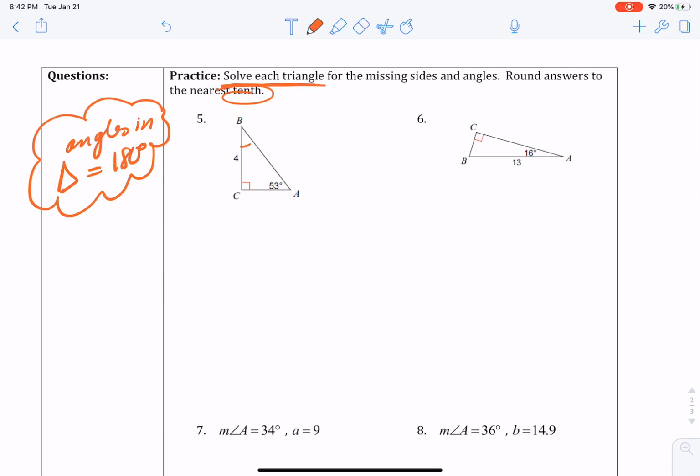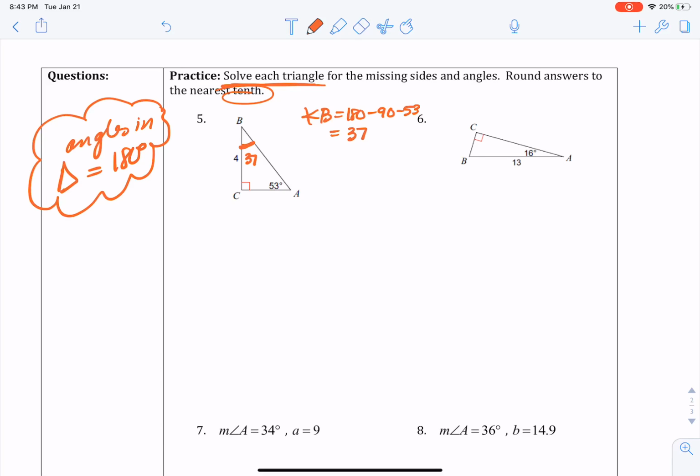So I don't have to do any real work to find angle B. Angle B is 180 minus 90 minus 53, which is 37. You're expected to remember that without extra promptings.